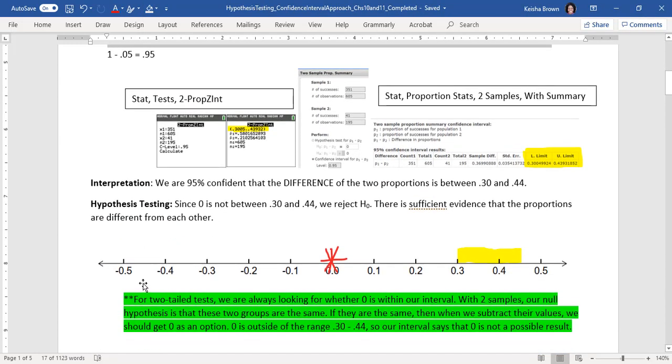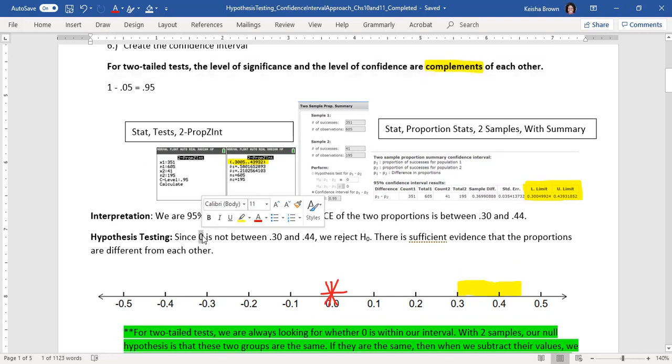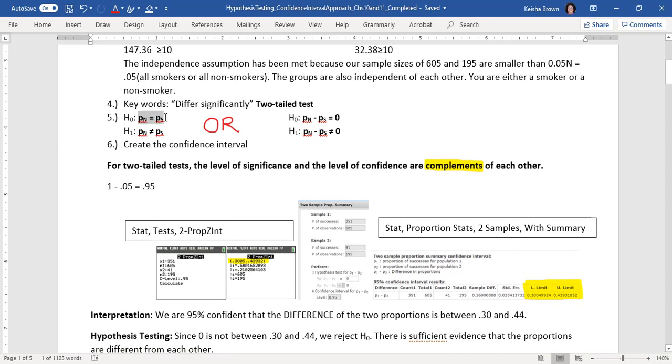So for hypothesis testing, remember for two sample proportions we're looking for whether 0 is between your interval. It's not between 0.3 and 0.44. We're going to reject the null hypothesis. Our null hypothesis says that these two groups are equal. And if they're equal, when we subtract them, we're supposed to get 0.